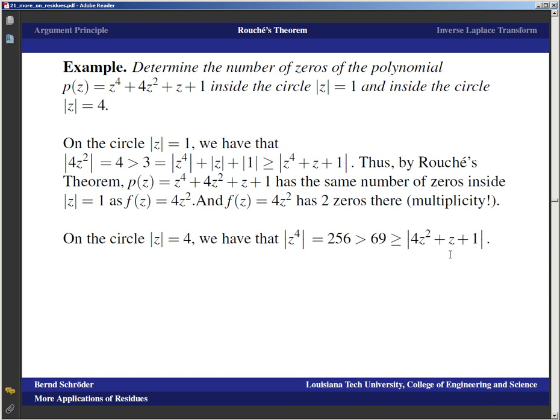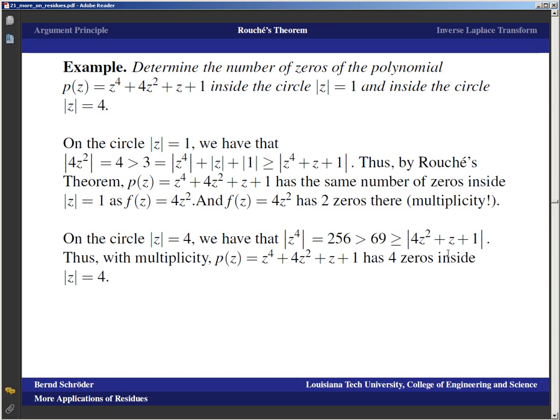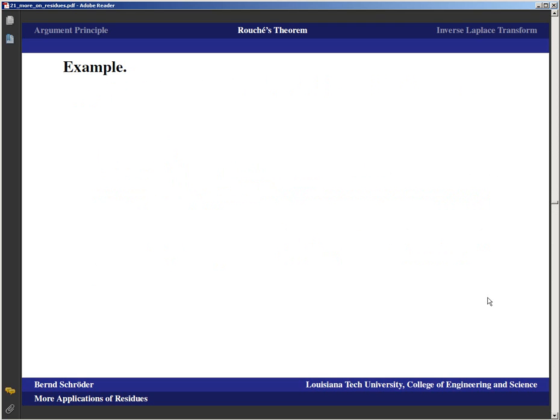So z to the 4th is greater than the rest in absolute values, and that means with multiplicity, this polynomial has 4 zeros inside the circle z absolute value equals 4, because z to the 4th has 4 zeros there, and that is the term that dominates, and we realize that the term that dominates has as many zeros as the sum. That's what Rouché's theorem says.